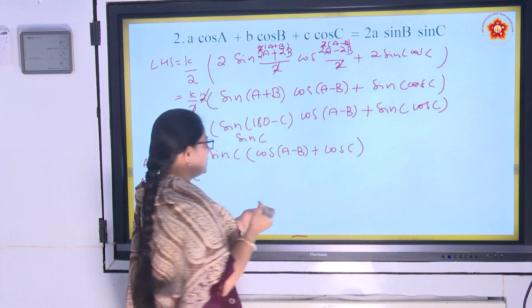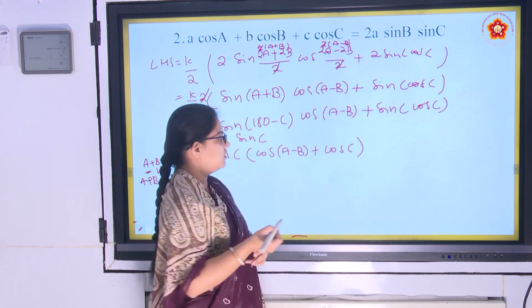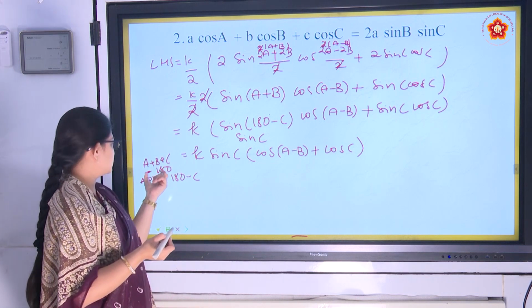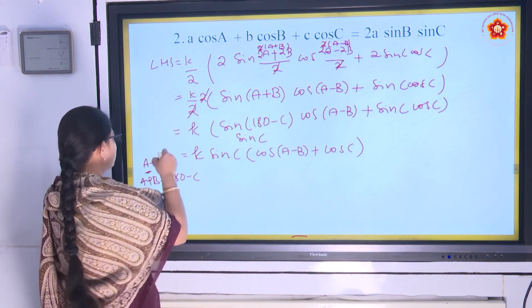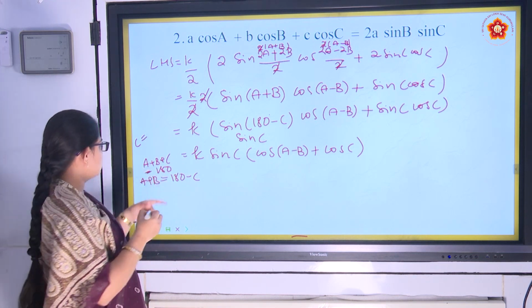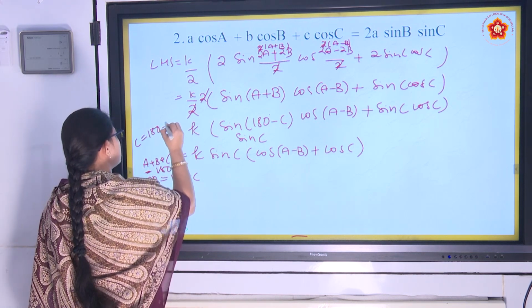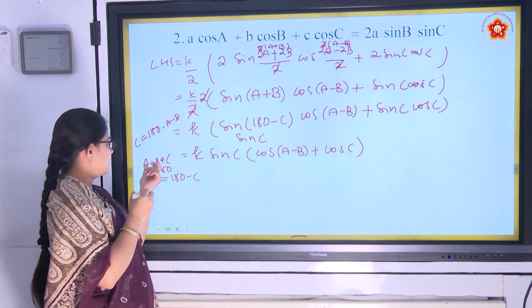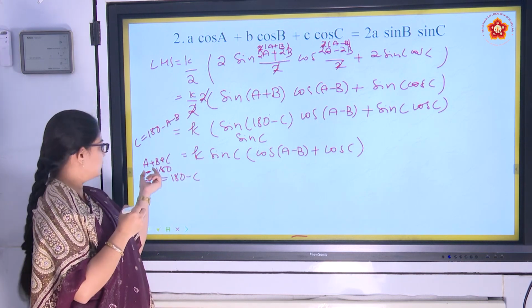And for cos C, we know A plus B plus C is equal to 180. Then what is C? C is 180 minus A minus B. Correct? This A and B I am taking that side, then only C is left.